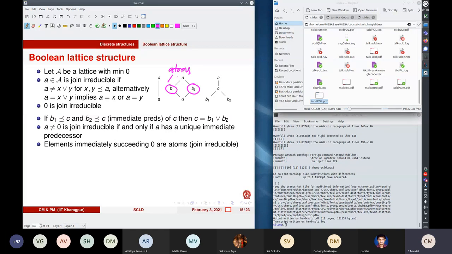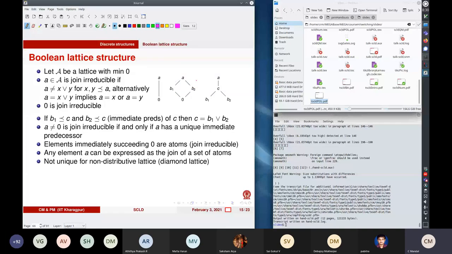Both B1 and B2 are immediately succeeding 0, and these are also join irreducible, as you can see. So any element can be expressed as a join of a set of atoms.